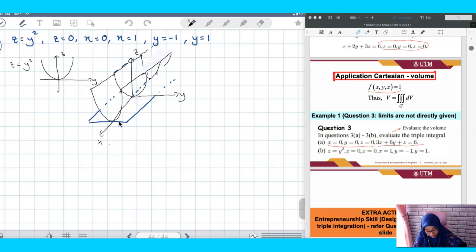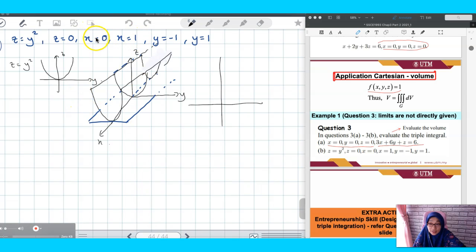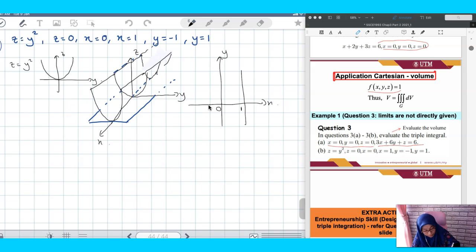Okay, now we look at the y-x plane, because they provide you the 4 lines. It looks like it becomes the boundary on the xy plane. So y, x. So you have x equal to 0, and then x equal to 1, so this is 0, and y equal to 1, so this is y equal to 1, and then this one is negative 1.